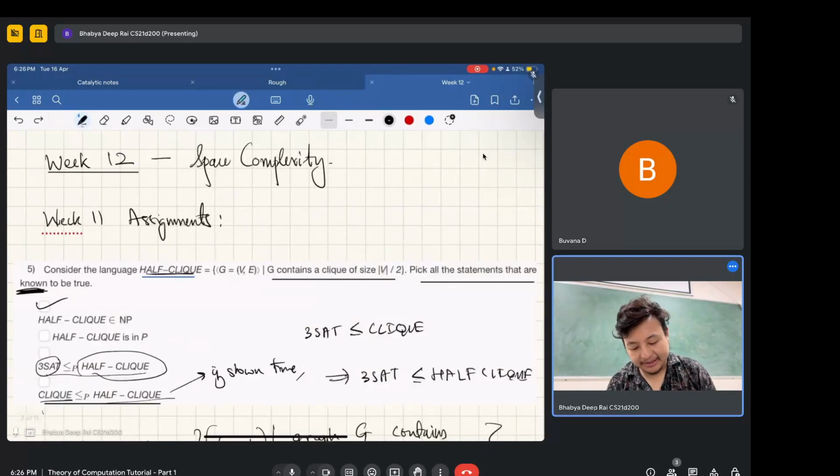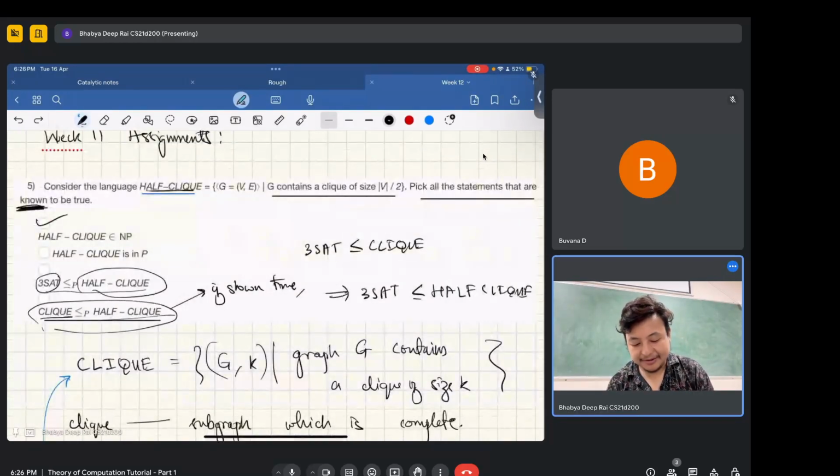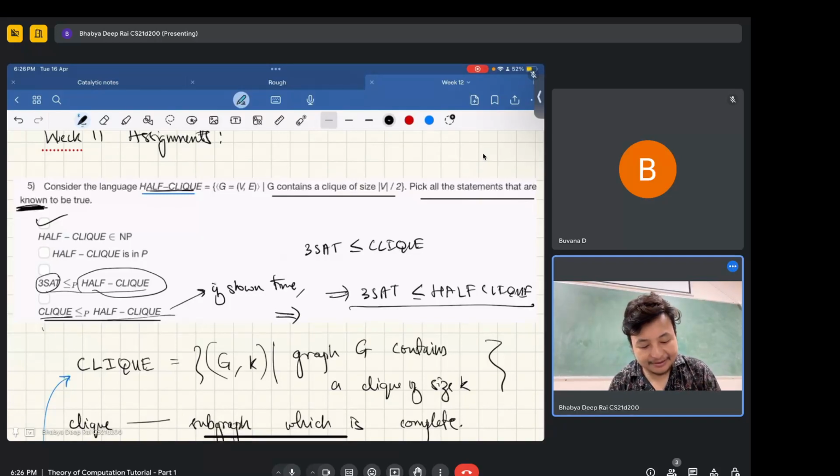And also, if clique reduces to half clique, what would this show? If shown true, firstly we have this. Another thing is that since clique is NP complete, half clique is NP complete. These are the two conclusions.